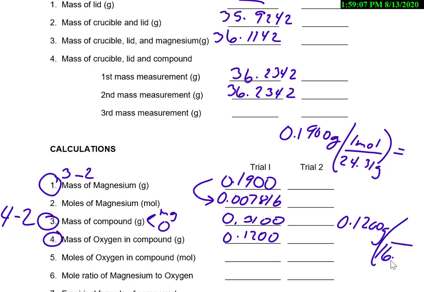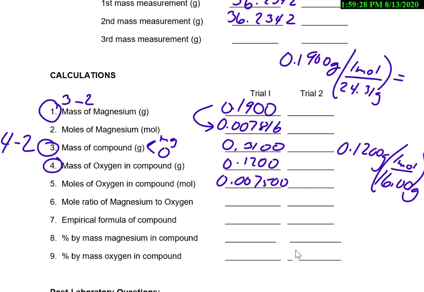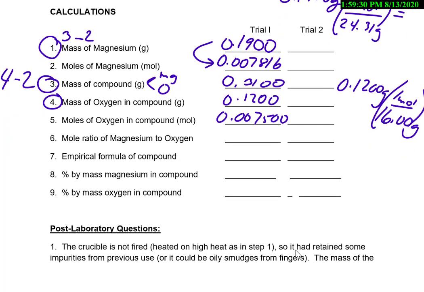So for oxygen, it's 16. So 0.12 divided by 16. And since we're multiplying and dividing, we started with 4 significant figures. We're going to keep 4. So I get 0.007500. And that is my moles of oxygen.